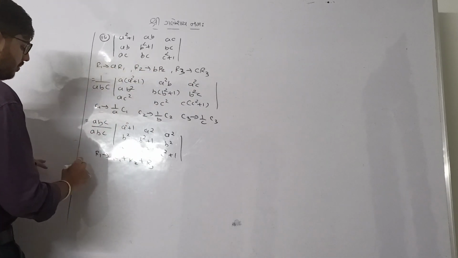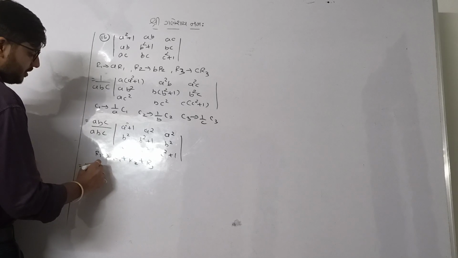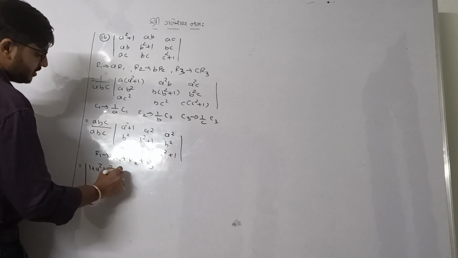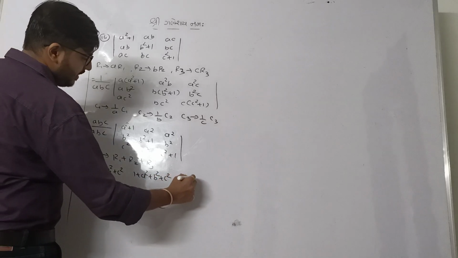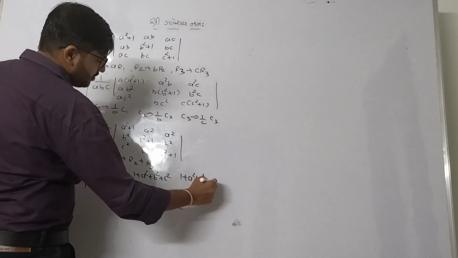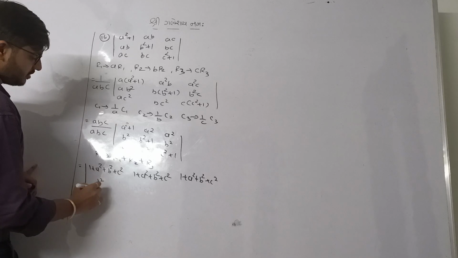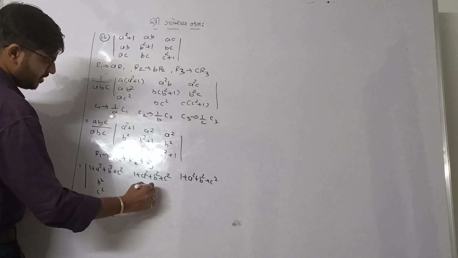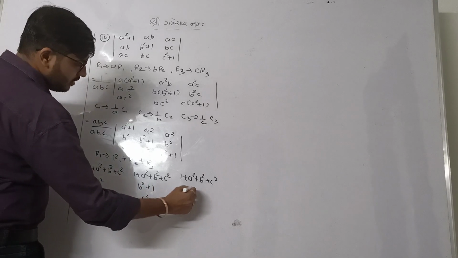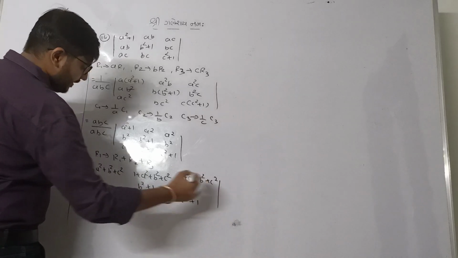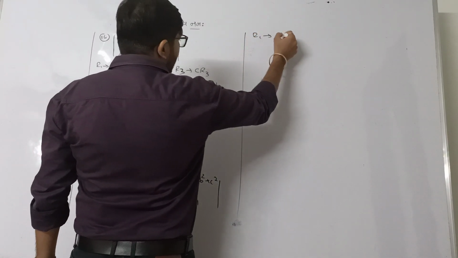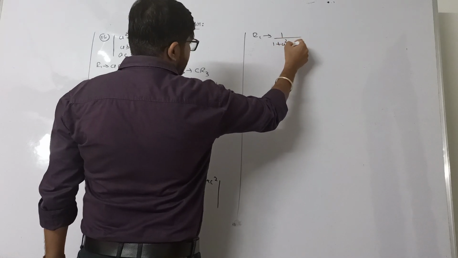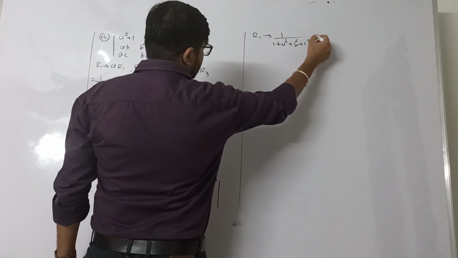Okay. So now by using this, we'll get 1 plus a square plus b square plus c square, 1 plus a square plus b square plus c square, 1 plus a square plus b square plus c square. Here b square, c square, b square plus 1, c square, and b square, c square plus 1. So we can divide R1 by 1 plus a square plus b square plus c square.